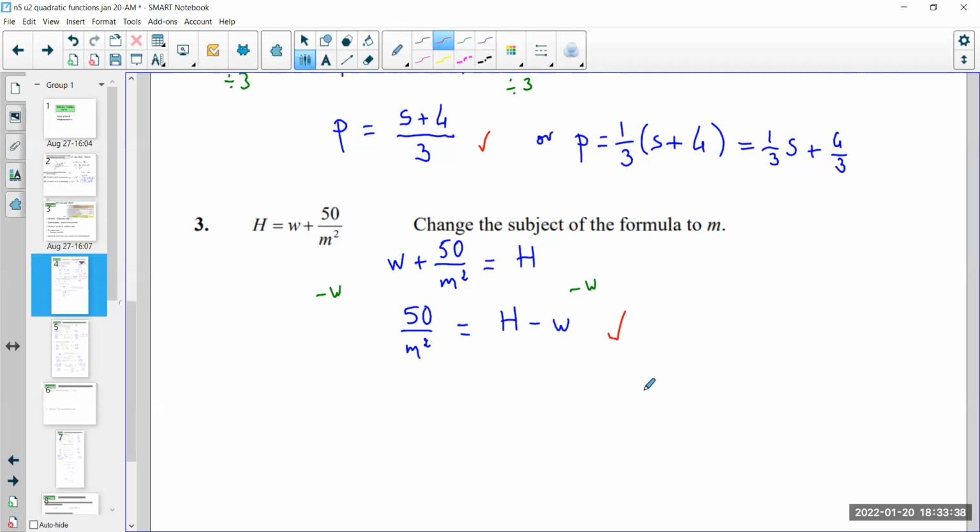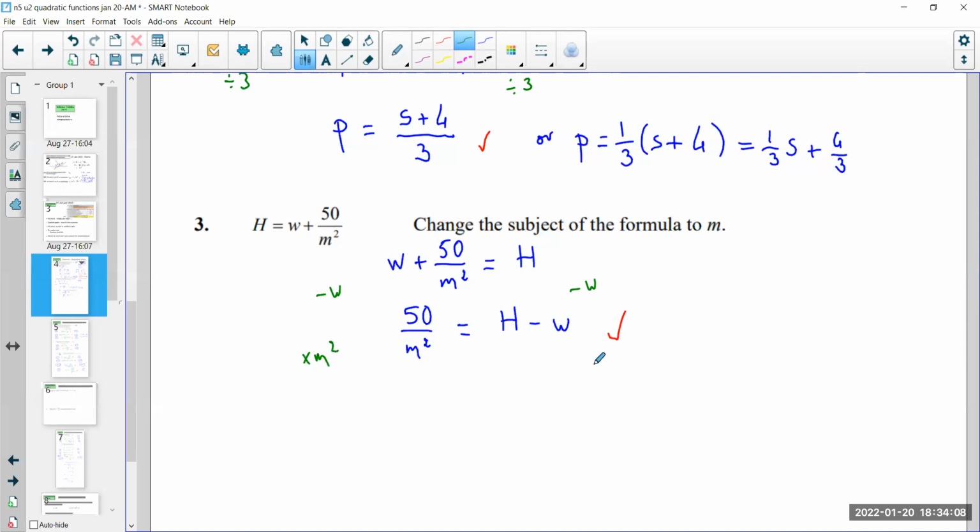Okay, so now there is a thing in math and solving equations, which is to get rid of a fraction. See, fraction does help, but sometimes if you want to get rid of a fraction, fraction just means divide by. So if I want to get rid of the divide by m square, I'm going to time by m square both sides.